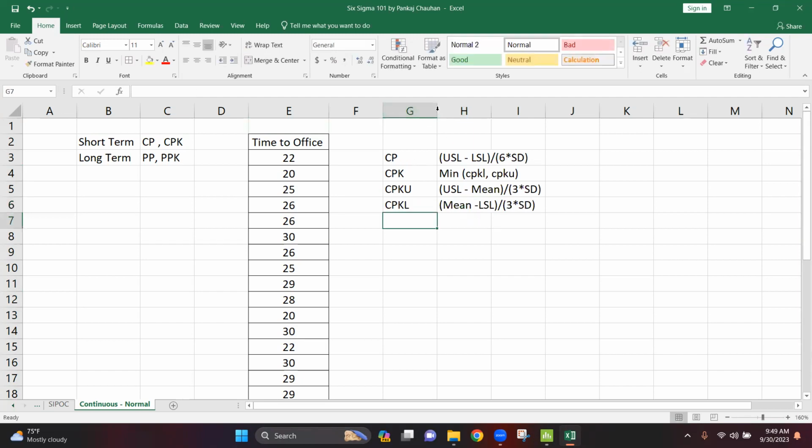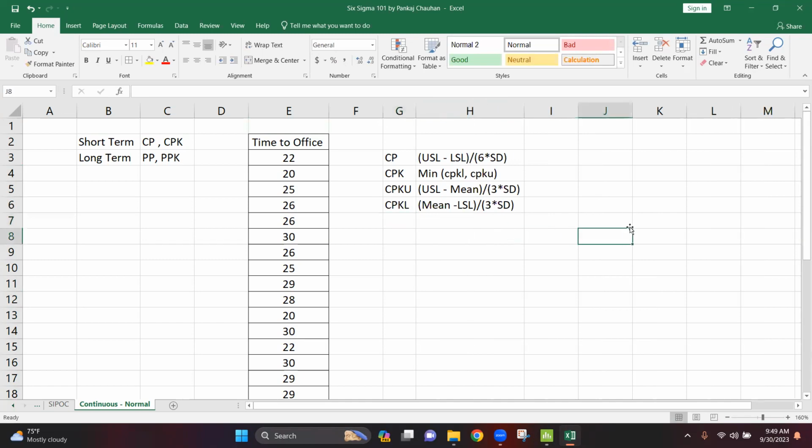So this standard deviation plays an important role. If you are using the range method to calculate the standard deviation, then you are calculating for the short term, and short term means CP or CPK.